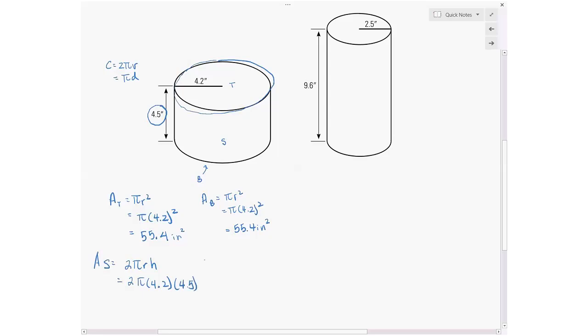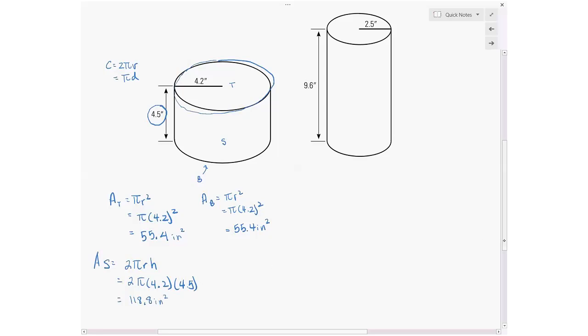So 2 times pi times 4.2 times 4.5 gives me 118.8, and again, inches squared.